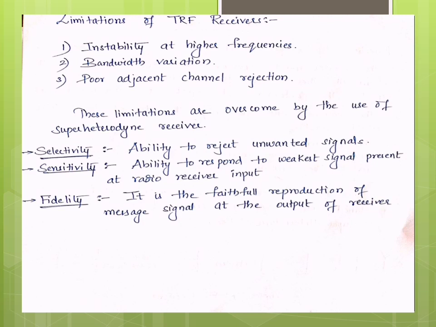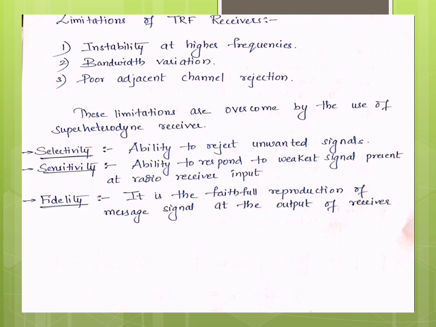By seeing these limitations, we can say that we can't get a better output in the case of the TRF receiver, because there are lots of problems in it. That's why the super heterodyne receiver is used.